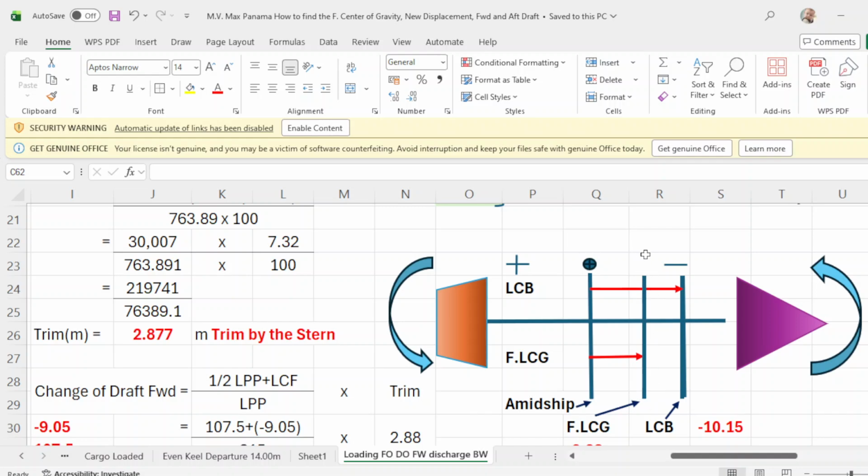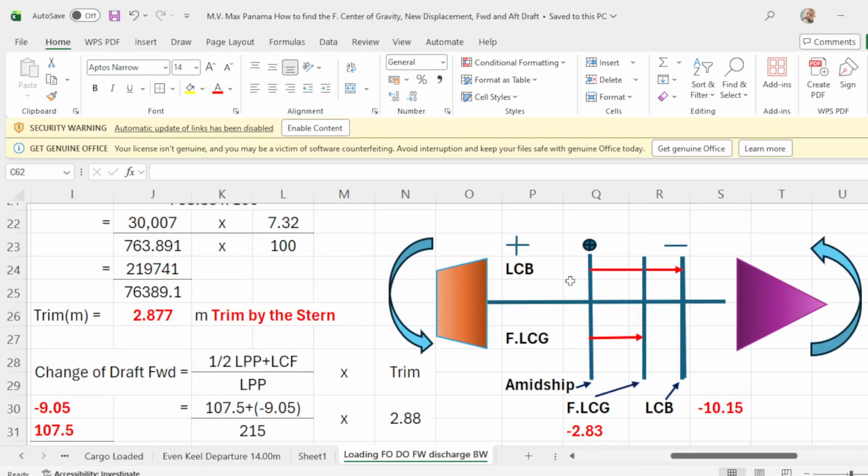Meaning, if this is the gravity of the weight, the tendency of the gravity pull is to push it down, right? While LCB, the tendency of the water is to put the vessel upward. So when your LCG puts you down, the LCB pushes up. That's why you are trimmed by the stern. That is one explanation. Okay.